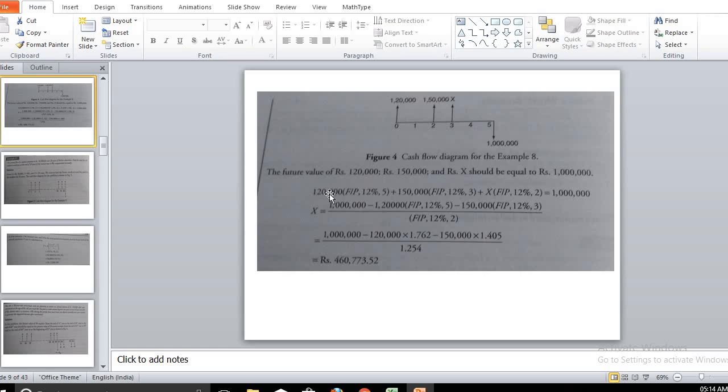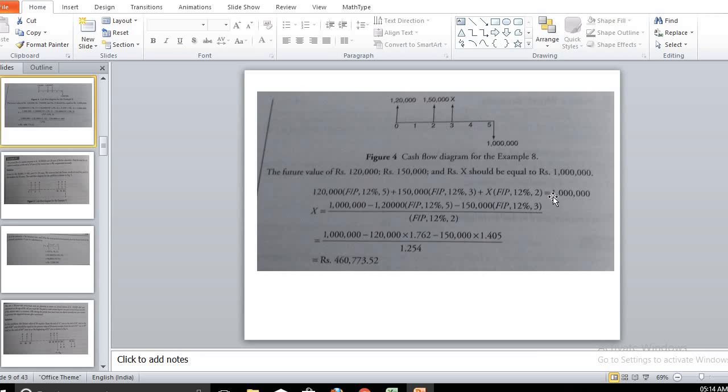The 1,20,000 is invested for all 5 years: 1, 2, 3, 4 and 5. The third amount is invested for 2 years: 1 and 2. The interest rate of 12% is the same for all the slots, and for 2 years for the amount X.